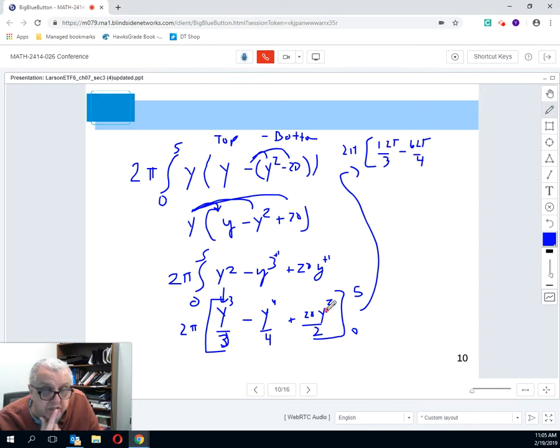And plug 5 into there, 20 times 25 is 500, divided by 2, and I get 250. Then if I plug 0 in, don't forget we have to subtract 0. You plug 0 in all that, you get 0.